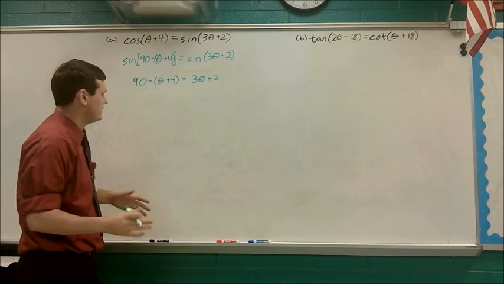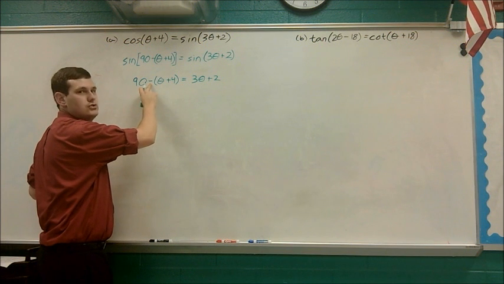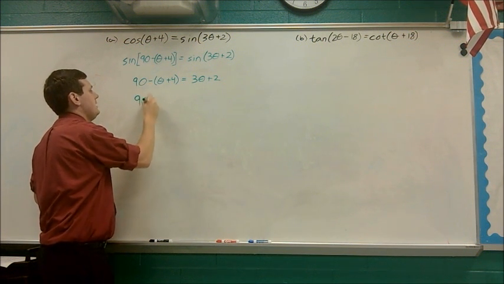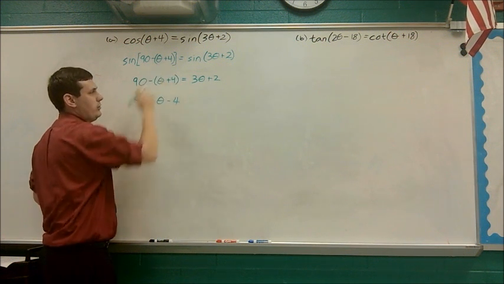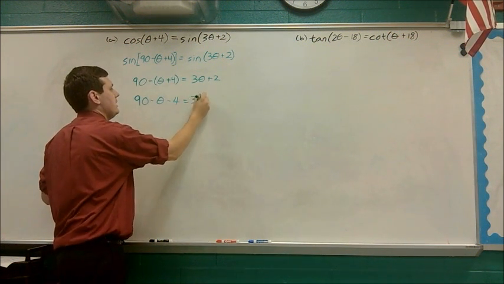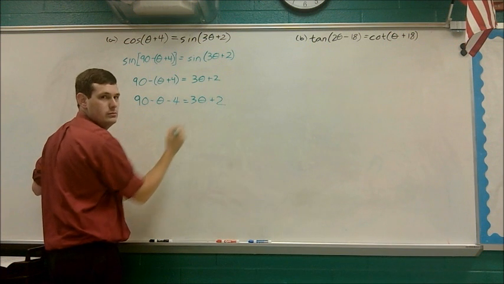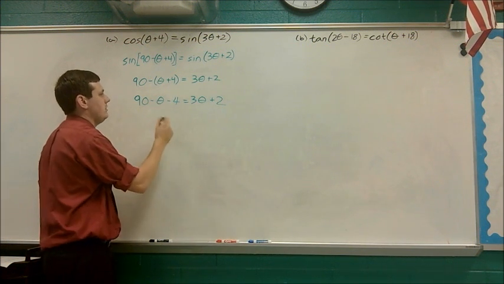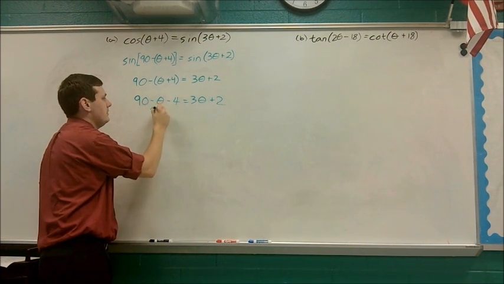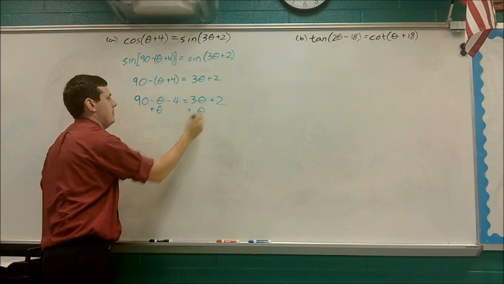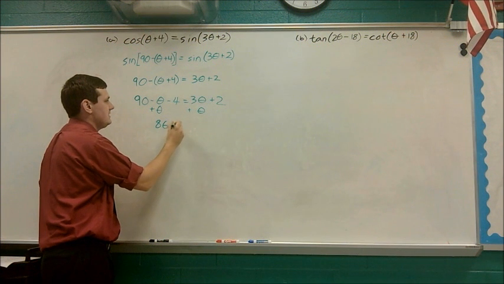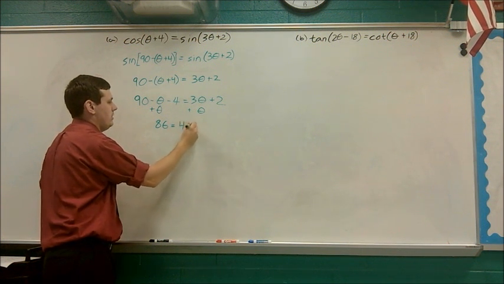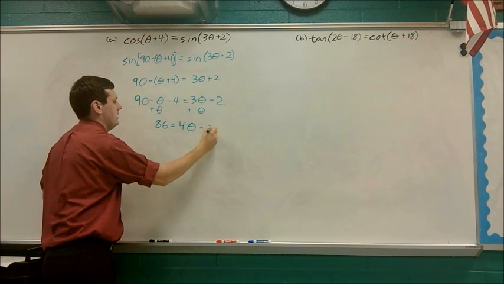Now we're just in algebra. The first thing I have to do is distribute this minus sign. 90 minus theta minus 4, because it goes with both of them, equals 3 theta plus 2. Okay, moving along, let me move the theta. It's 90 minus 4, so that becomes 86 equals 4 theta plus 2.